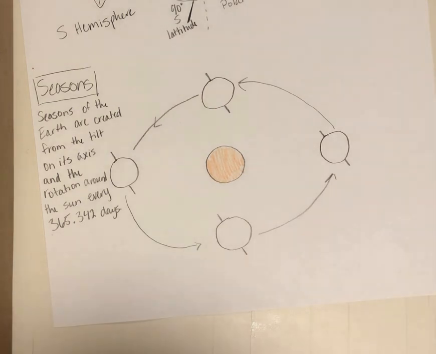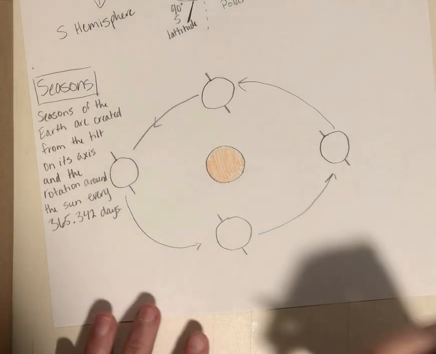So the rotation around the sun is not actually 365, it is a little longer.